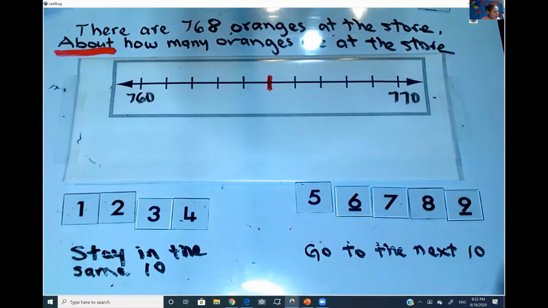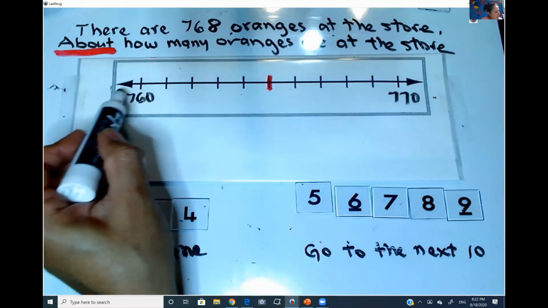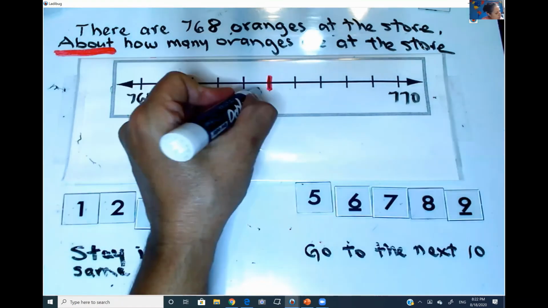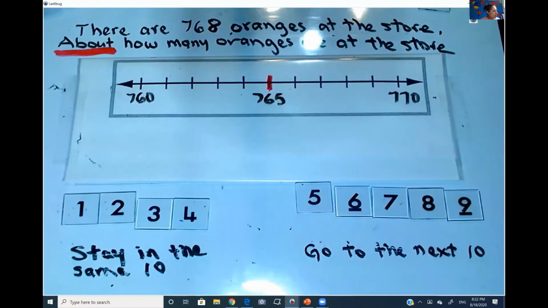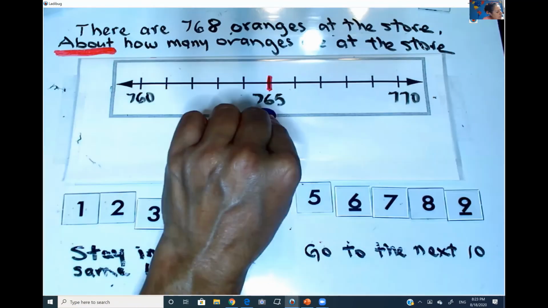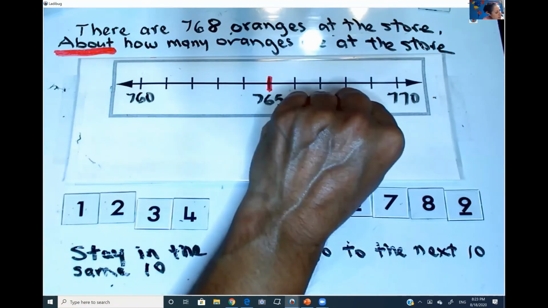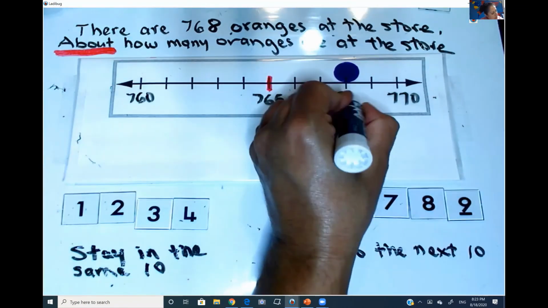The middle number in this number line is whatever is in between 760 and 770. That's going to be 765. And now, again, I have to find the number 768. It is 765, 766, 767, 768. So my 768 is going to be here.